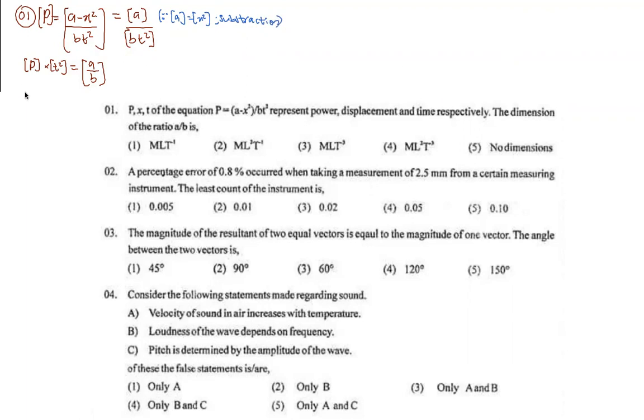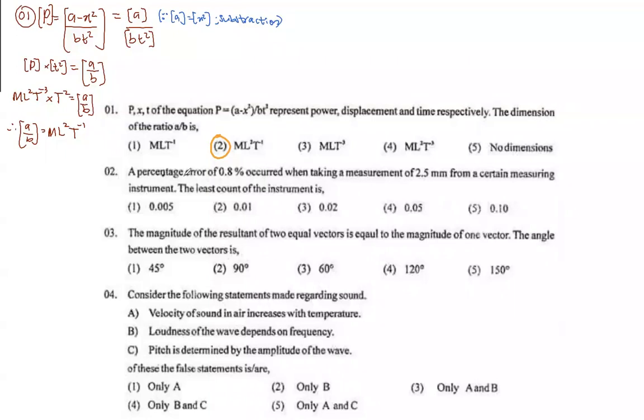Dimensions of power, we know it is M L squared T minus 3, into dimensions of time squared, T squared, that is dimensions of a over b. So dimensions of a over b will be equal to M L squared T minus 1. Therefore the answer is second. Correct? So if you have any objections, let me know in the chat. This is the answer. M L squared T minus 1.